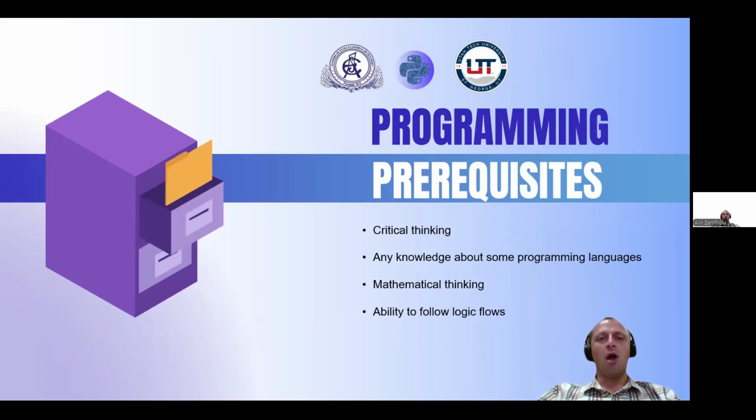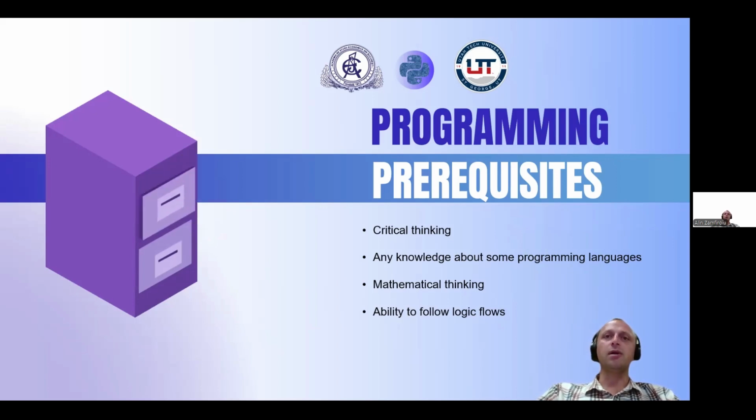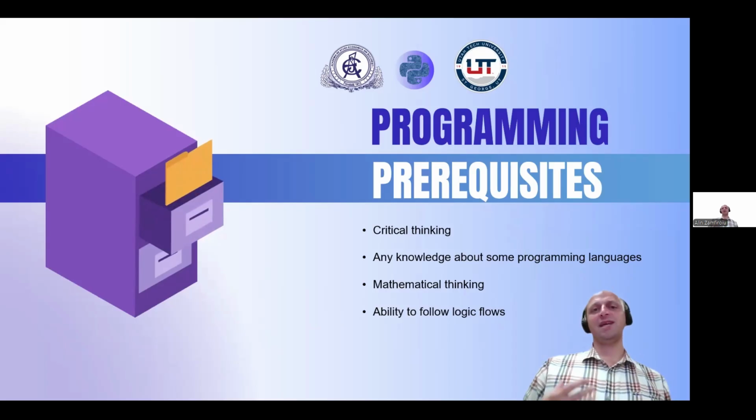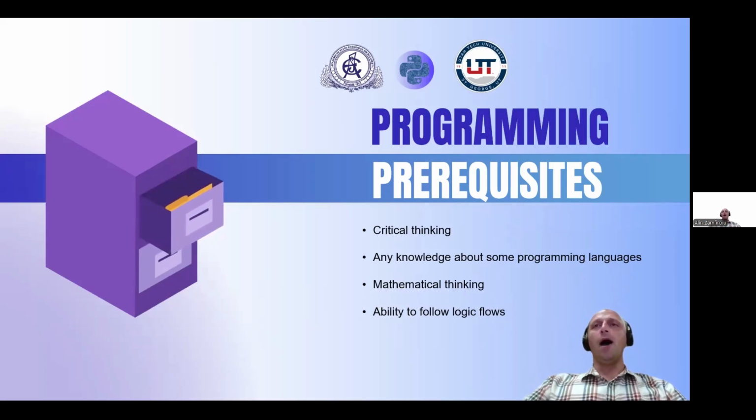Because if you have this critical thinking, you will improve your code, your programs, your applications, and in this way you will become a very good programmer. So it's a mandatory skill. If you don't have it, please improve yourself to become a person who has critical thinking.